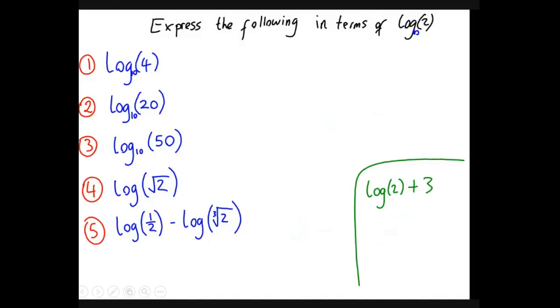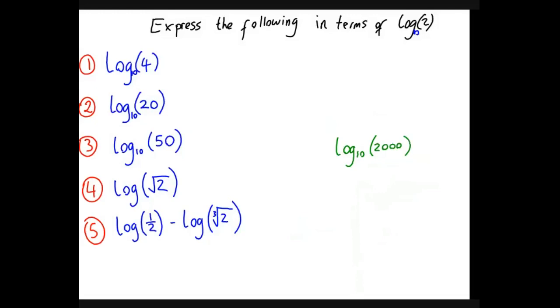Could you please give an example of when you'd use something like log 2 plus 3 as an answer? Okay. Let's suppose you had log to the base 10 of 2000.